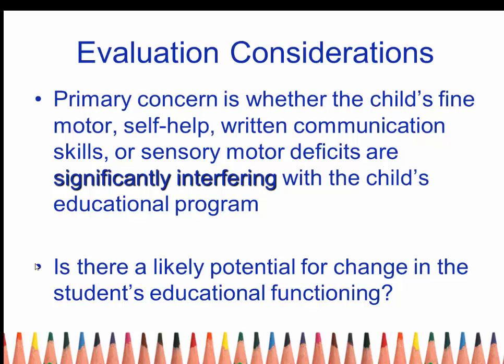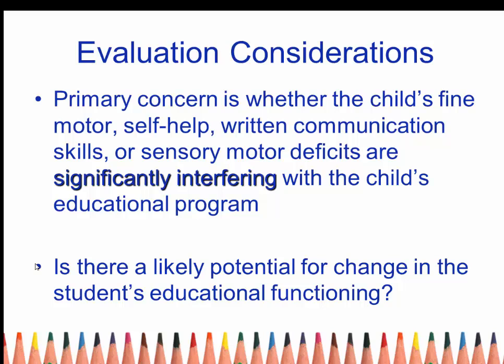The primary concern is whether the child's fine motor, self-help, written communication, or sensory deficits are significantly interfering with the child's educational program. So they might have these issues, but if it's not interfering with their education, then they're not going to qualify for services. The other thing is that for therapy intervention you have to have a potential for change in the student's educational functioning.